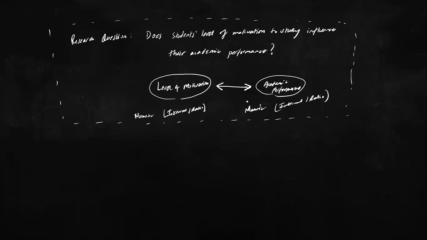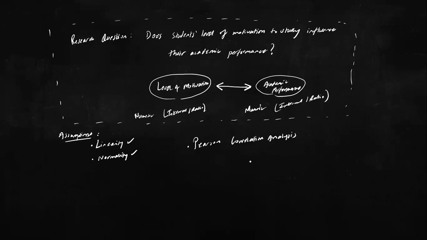So to test the relationship between those two variables, provided the assumption of linearity is met, and also the assumption of normality, provided those two assumptions are met, we shall test for the correlation, for the association between the two variables using the Pearson Correlation Analysis.